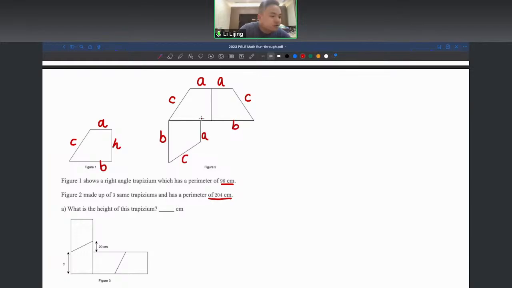However, you can see that I have one part here. How do I write this part? You see that this part belongs to the B here, however this B is covered by the height of the trapezium. This is the height. The longer one is the B. So this part is actually B minus H.